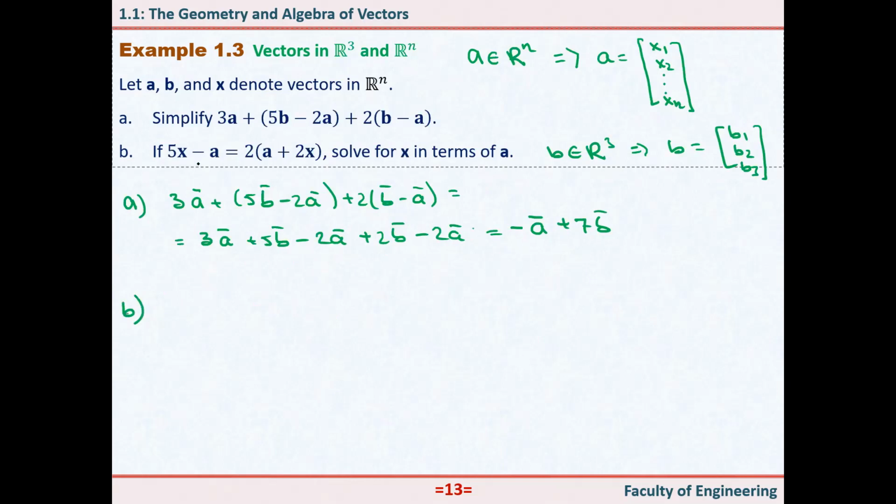It says that if 5x minus a equals 2 times a plus 2x, solve for x in terms of a. So 5x minus a equals 2a plus 2x. Take to the left-hand side: 5x minus 2x is 3x, that's equal to 3a. So we have expressed the solution x in terms of a.